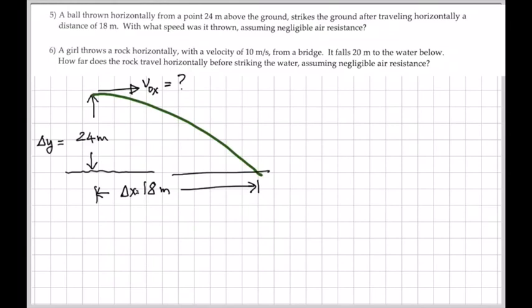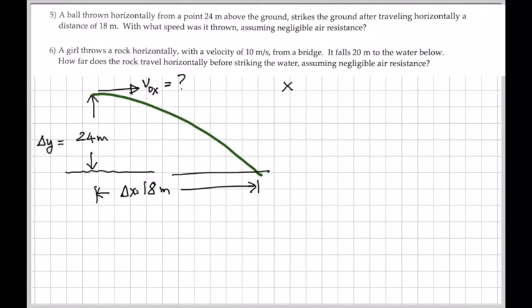Talk about the x. What do you know about the horizontal component of the velocity? It never changes. The x component of the velocity never changes, which means there's only one equation you can always use. Remember, when the velocity never changes, isn't there only one equation you can use? What is that equation?